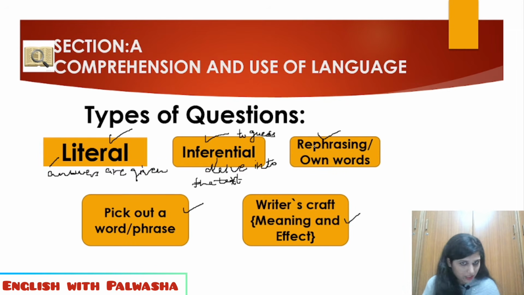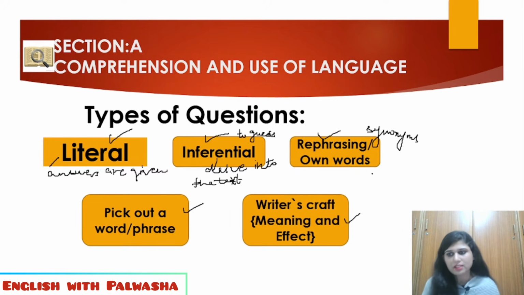Then comes rephrasing. It is a very common and easy part of the comprehension and use of language section, and rephrasing means using synonyms, right? You all might be aware of what synonyms are. I must say, avoid using vague words or simple synonyms; the choice of words should be quite critical and crucial so as to impress the reader, right?